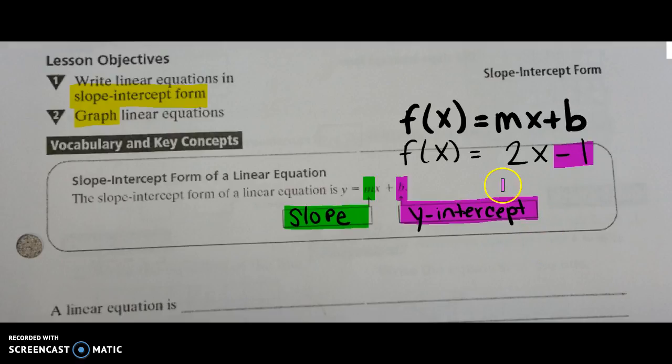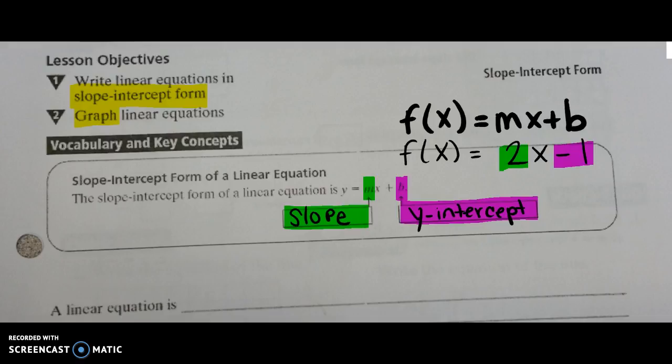You must take the sign that is in front of the number for our y-intercept. Then, when it comes to slope, slope is not 2x. Our slope is just 2, or 2 over 1. Those two ideas are very, very important. As you go through the examples and the rest of your problems, make sure that you write your slope as just the number, not 2x, and your y-intercept, you are taking the sign.